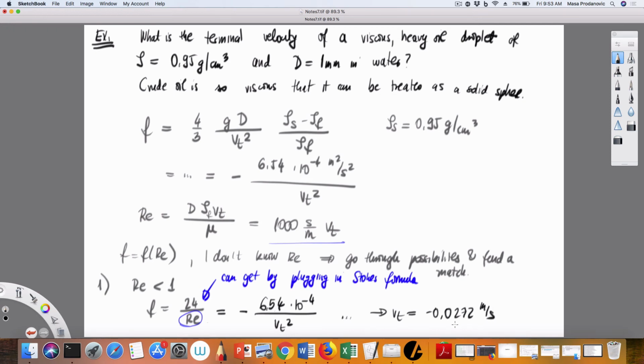But when I plug that v_t into my Reynolds number, it is about 27. But I assumed less than 1. That is not correct. So this and that don't match.